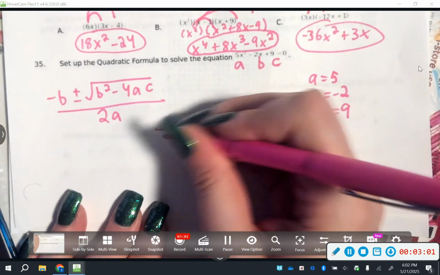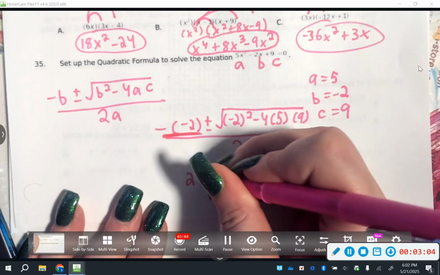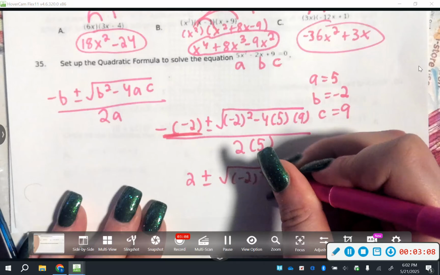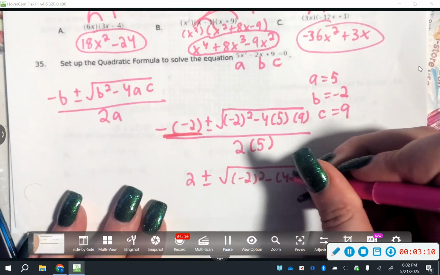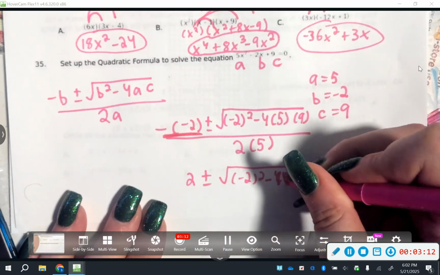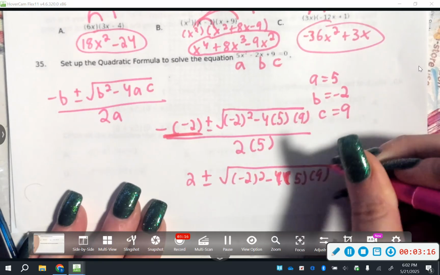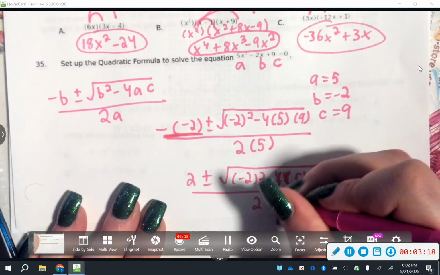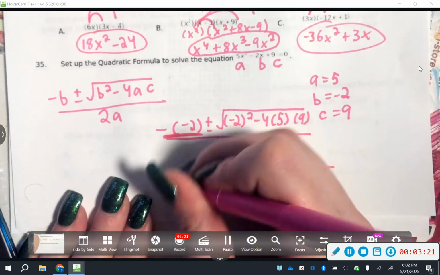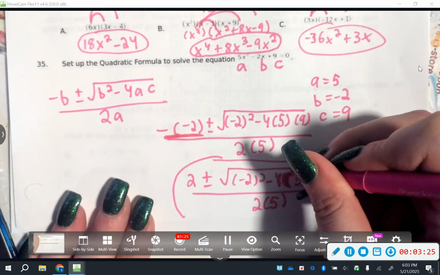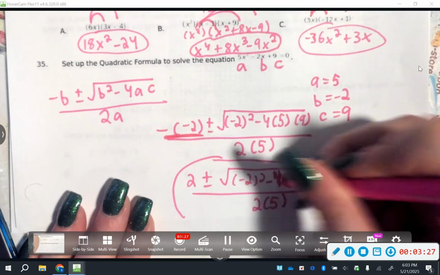A negative and a negative, since it's positive 2, plus or minus the square root of negative 2 squared minus 4 times 5 times 9, all over 2 times 5. And the question on your test is just going to want something like this, where it is set up. They're not going to ask you to actually solve it all the way.